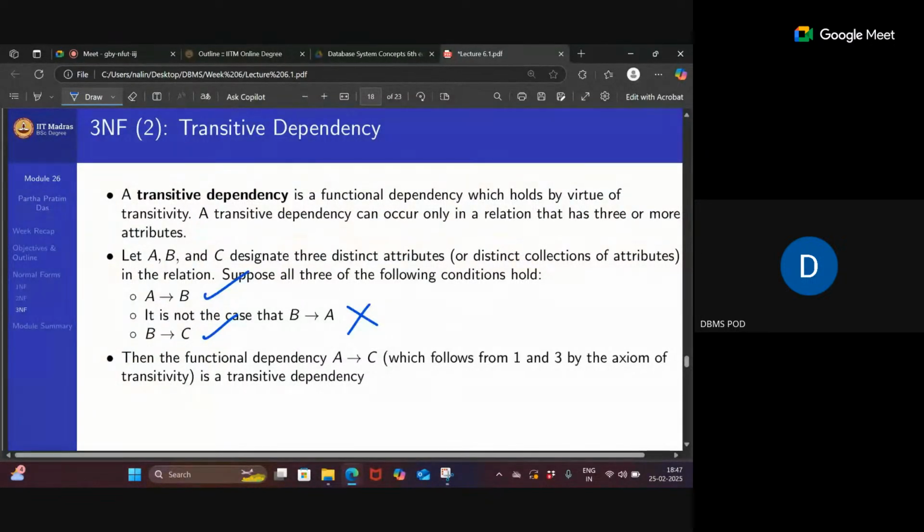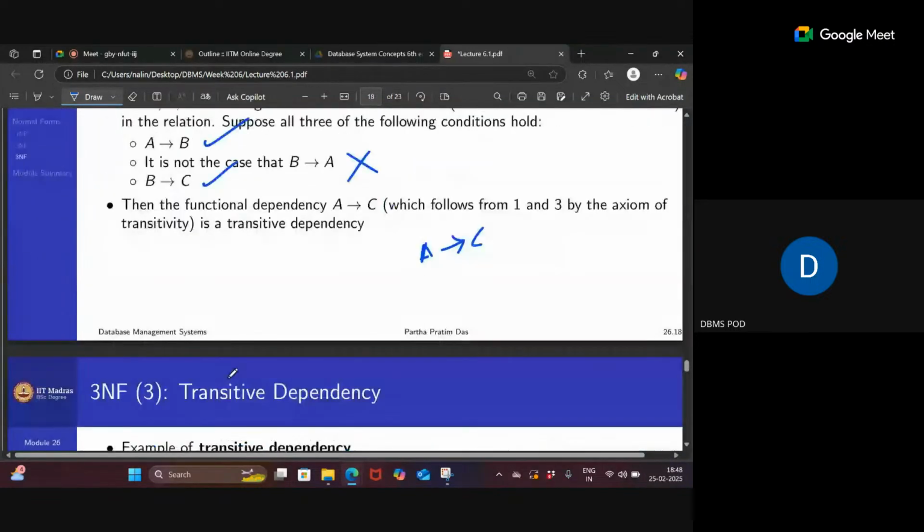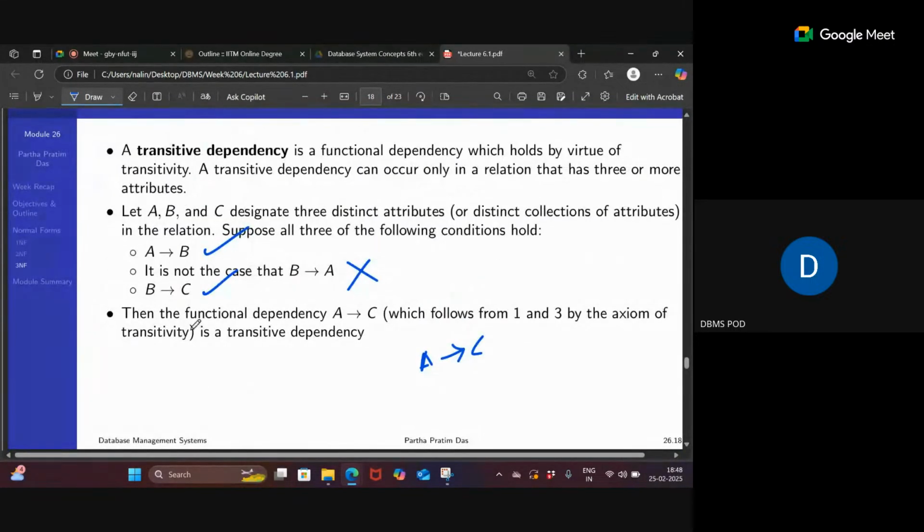Then by the rule of transitivity, we can write A determines C. The functional dependency A determines C holds, which follows by the axiom of transitivity. Okay, that is just to explain what a transitive dependency is.